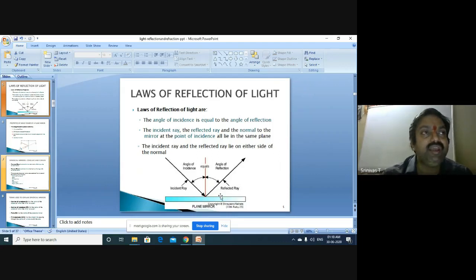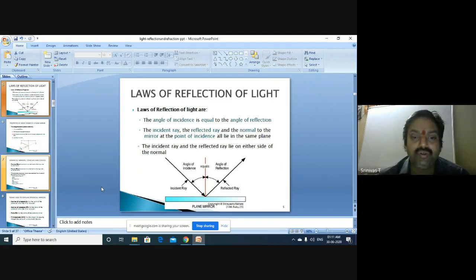So we can mention the angle of incidence as the angle between the incident ray and the normal. Similarly, the angle of reflection is the angle between the normal and the reflected ray. That is how we have angle i and angle r. Typically there are two laws of reflection, the governing laws with regard to reflection.